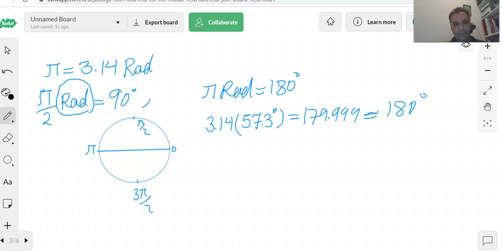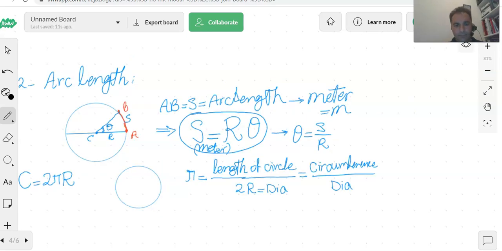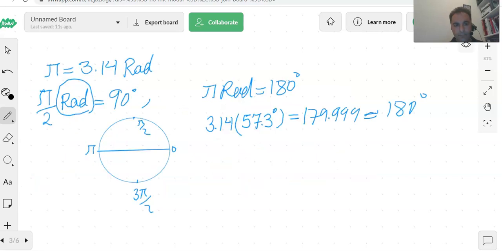Now, what is pi? As we know, pi is 3.14 radians. There is a lot of history of pi. 3,500 years ago, the Chinese found it as 3.12.